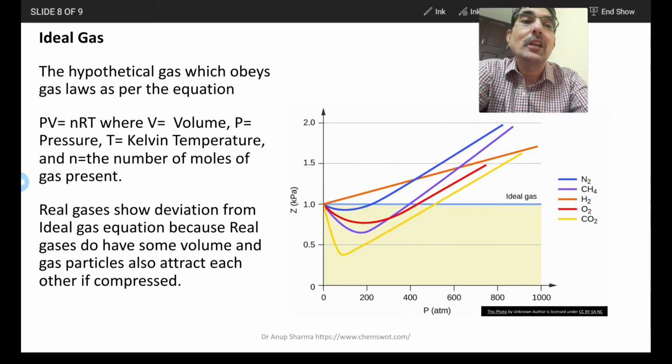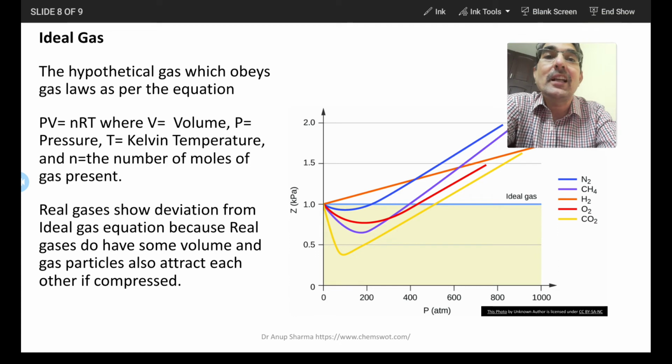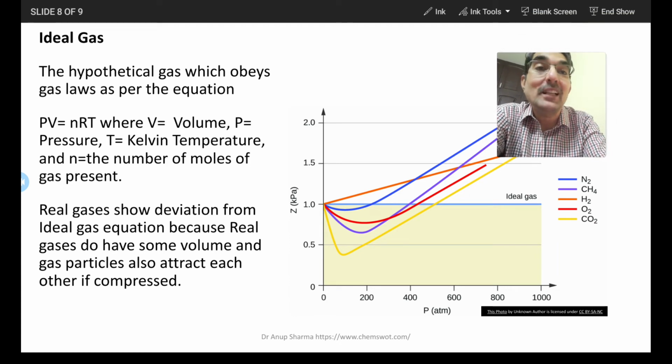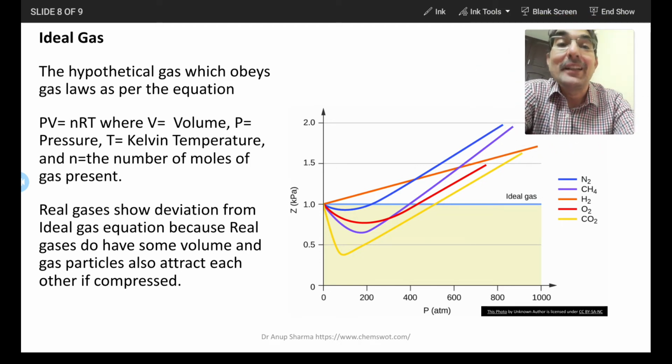Now moving further, ideal gas. An ideal gas is a hypothetical gas, because there is no such gas available. All the gases are real gases actually. So any such gas, if it is available, the hypothetical gas which obeys gas laws as per the equation.